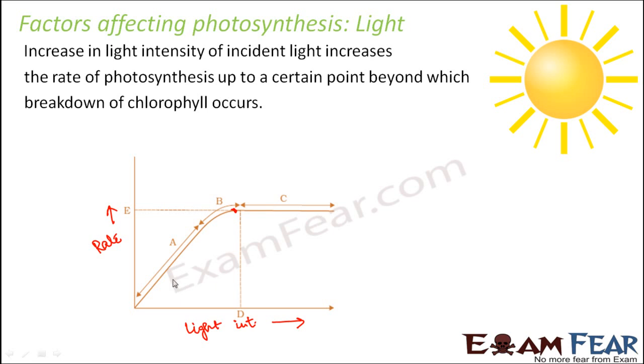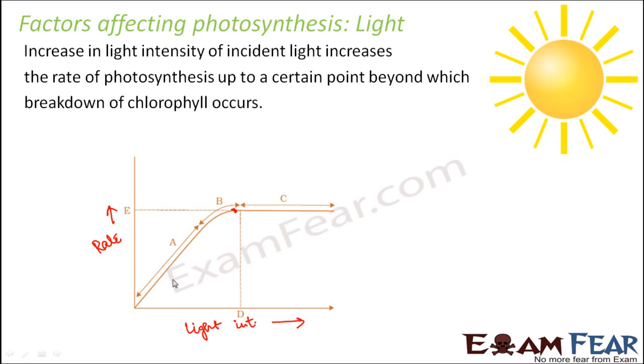Because when we increase the intensity of light, the light energy absorbed by the chlorophyll molecules also increases, and that is why the rate increases. After the saturation point, breakdown of chlorophyll occurs, and due to that, there is no further increase in the rate of photosynthesis.